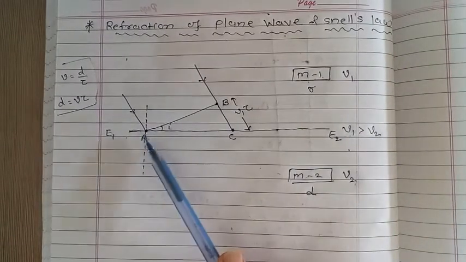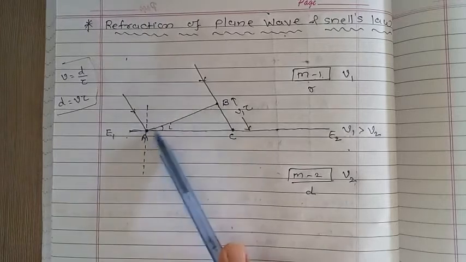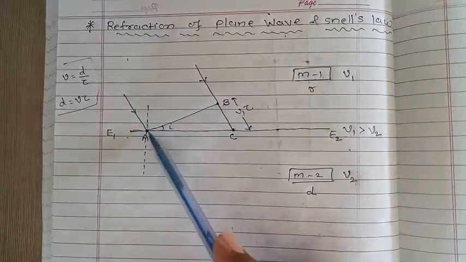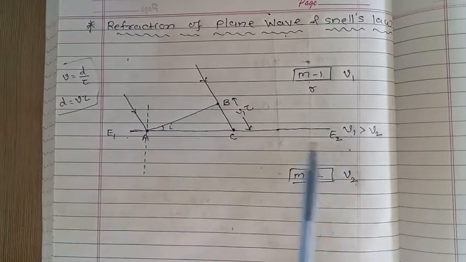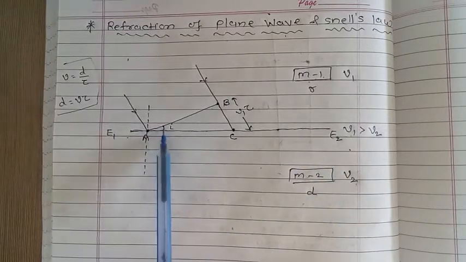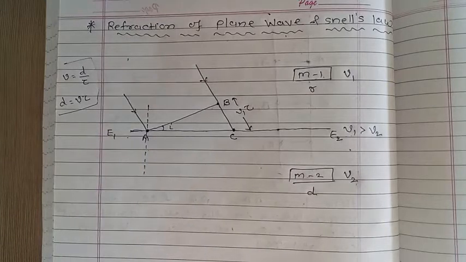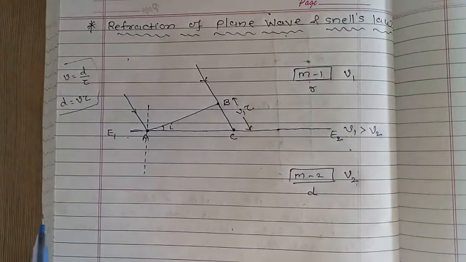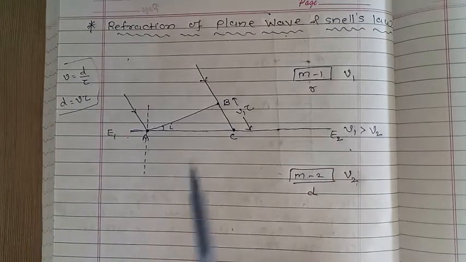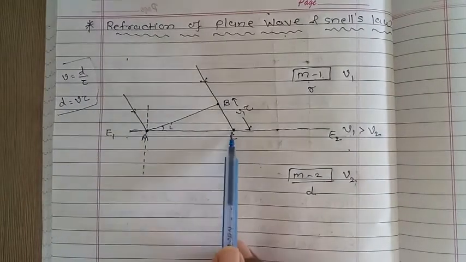Now a plane wavefront AB propagates in this direction and is incident on the interface of the two media at angle I. Now let the time tau be the time taken by the wavefront to travel from B to C.